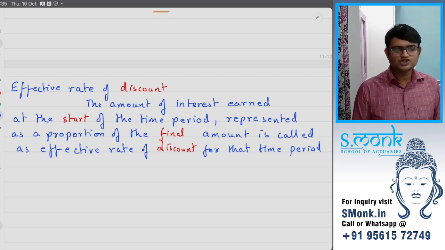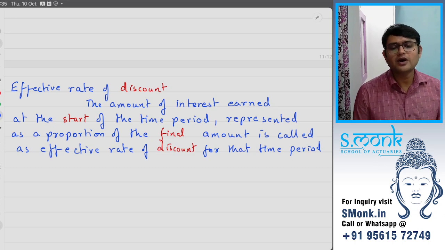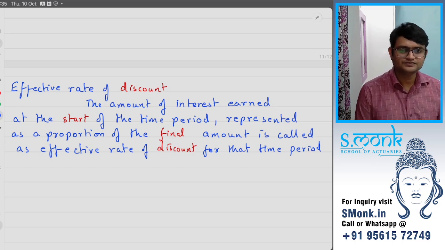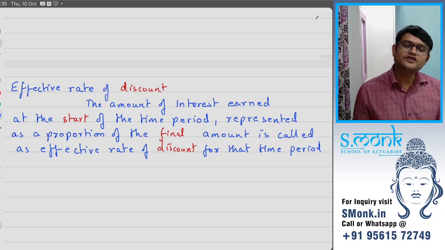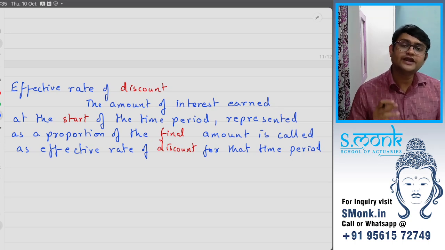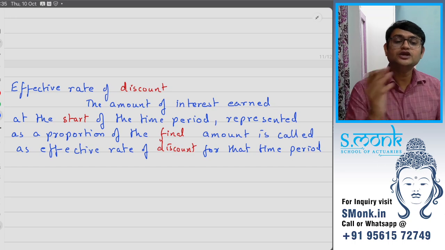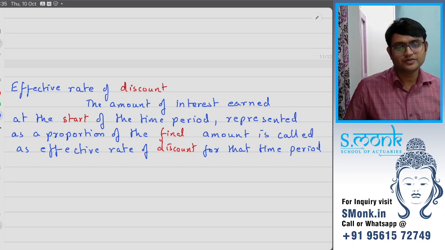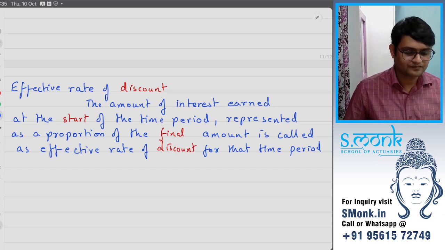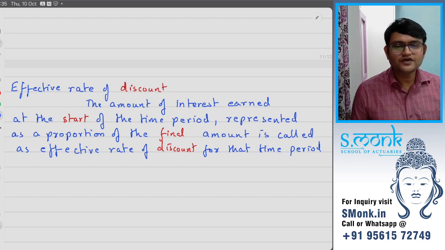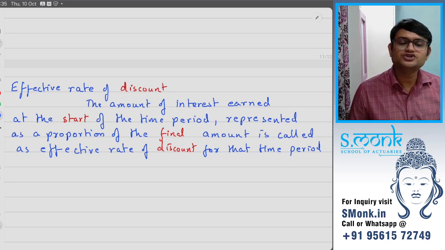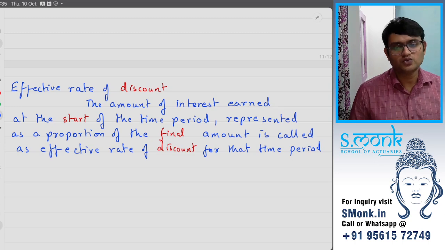So you can see the changes. We are still talking about the amount of interest earned. But instead of the end of the time period, now we are saying the interest is earned at the beginning of the time period, or the start of the time period. And then we are representing it as a proportion of the final amount.